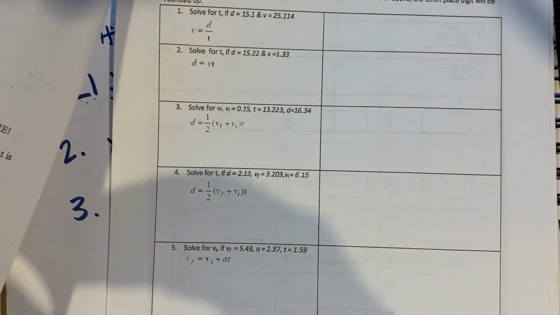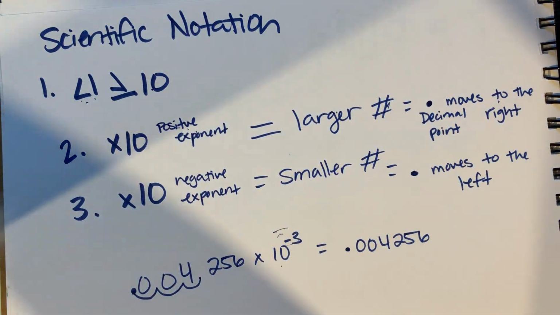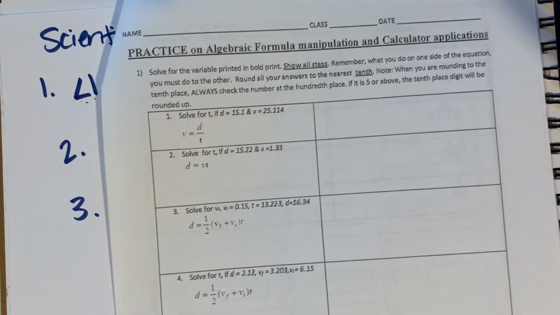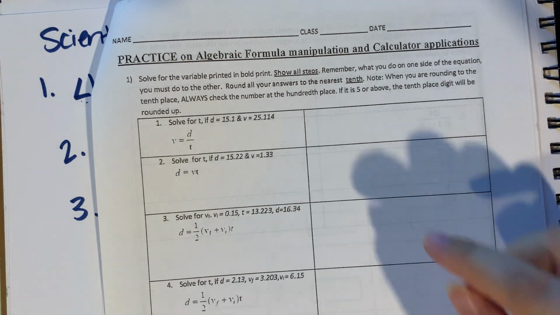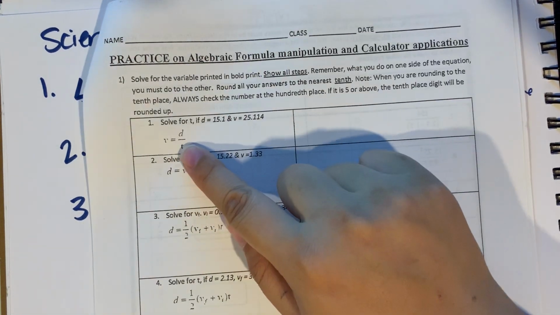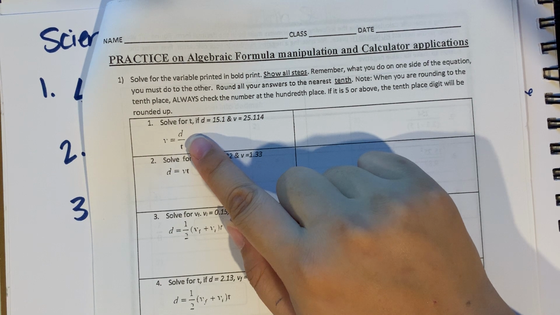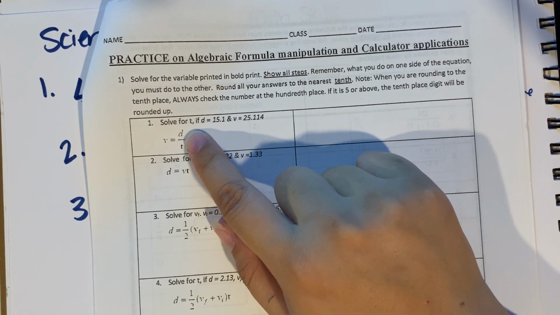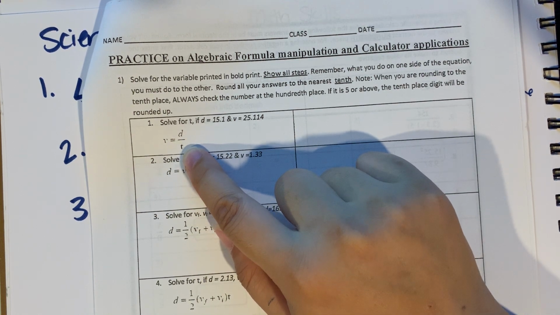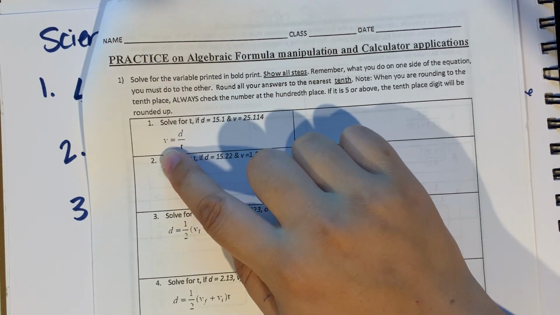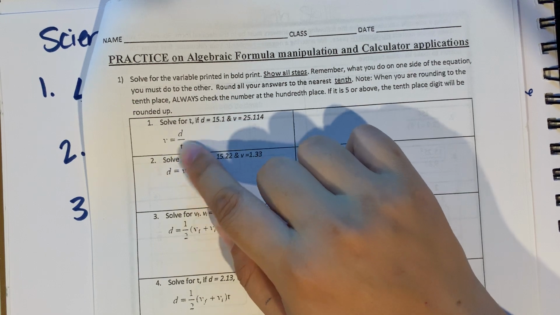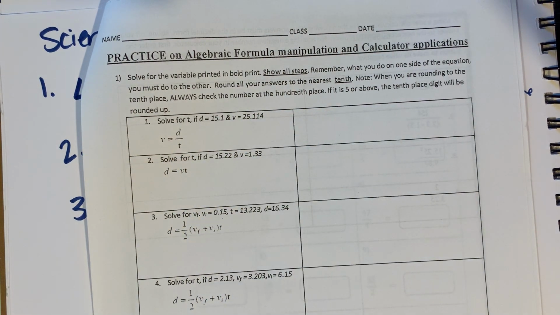The next important part of this class that you guys will use very, very often is how to manipulate equations. That means if you're given v is equal to d divided by t, anytime I give you 2 numbers, you need to be able to figure out how to get that 3rd number.